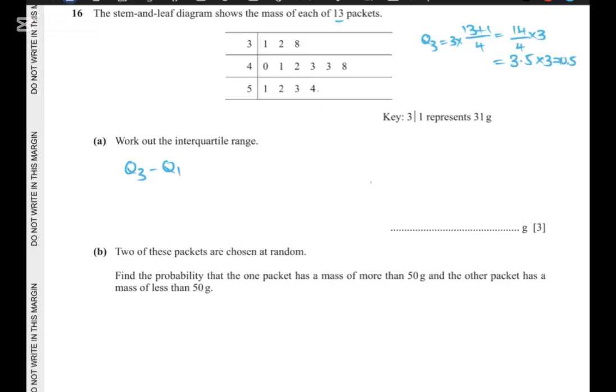So it is the observation between 10th and 11th. Let us count: 1, 2, 3, 4, 5, 6, 7, 8, 9, 10 and 11. So it should be between these two, between 51 and 52, which is 51.5. So Q3 is 51.5.